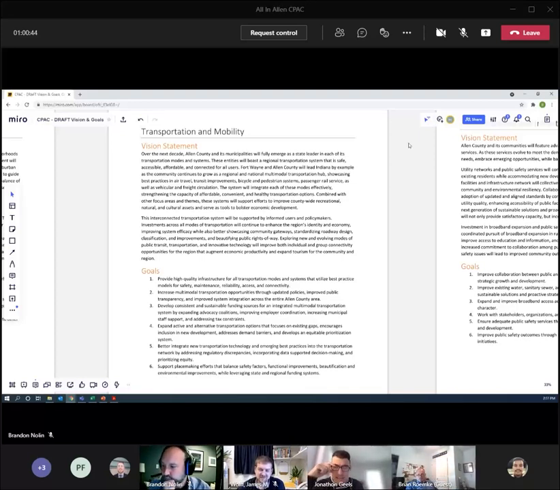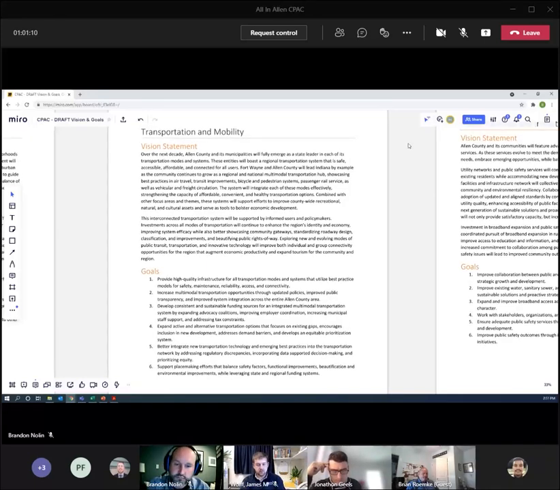I value what you've got in there, especially the importance of transportation not just to a few, but to all. What the future looks like is anybody's guess. Just imagine 10 years ago talking about electric vehicles, and here we are today. So who knows what 10 years is going to look like, but it's a very good foundation.